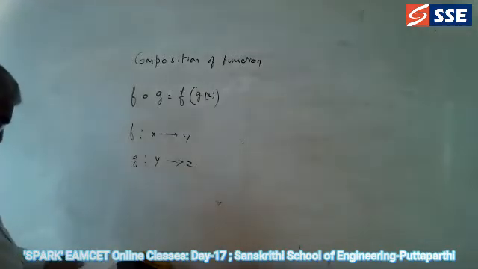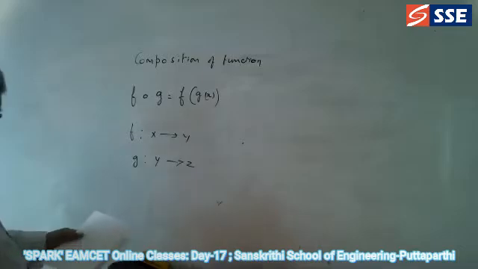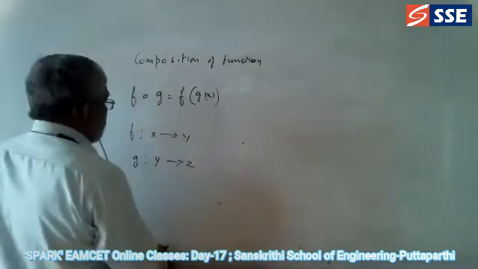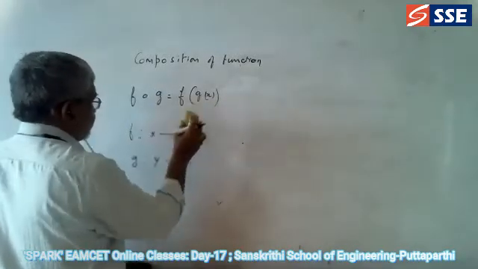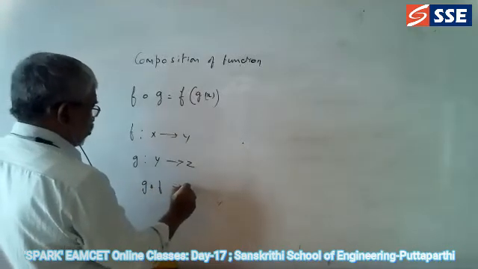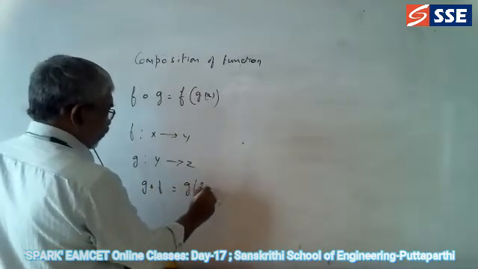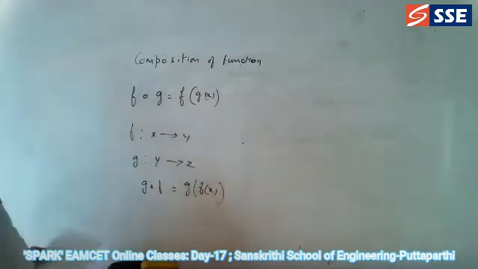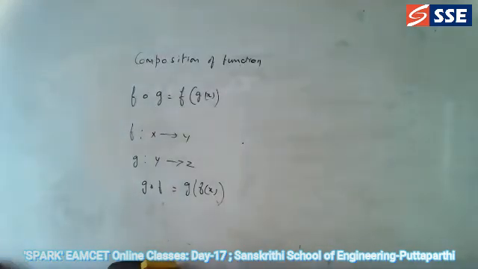It is defined as g of f of x or f of g of x. So g circle f means g of f of x.